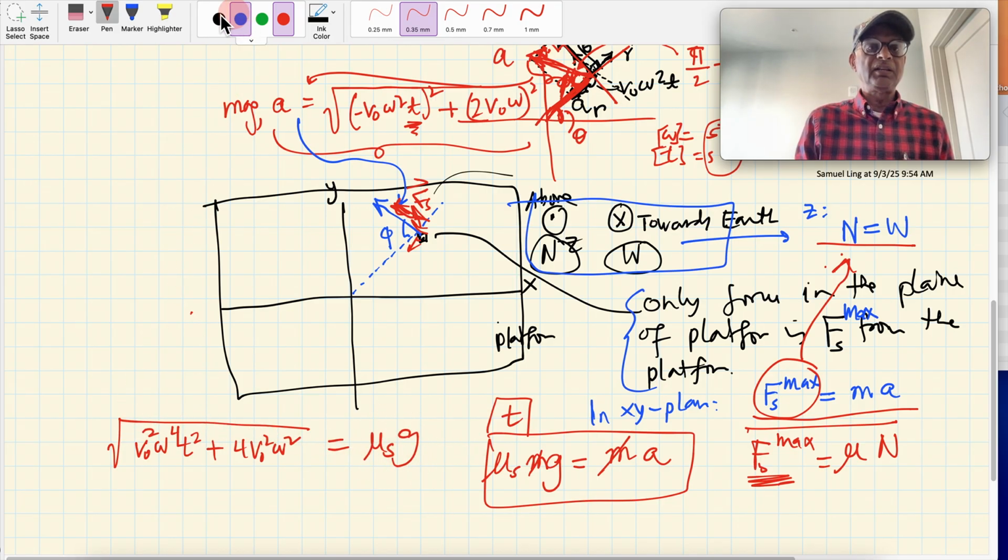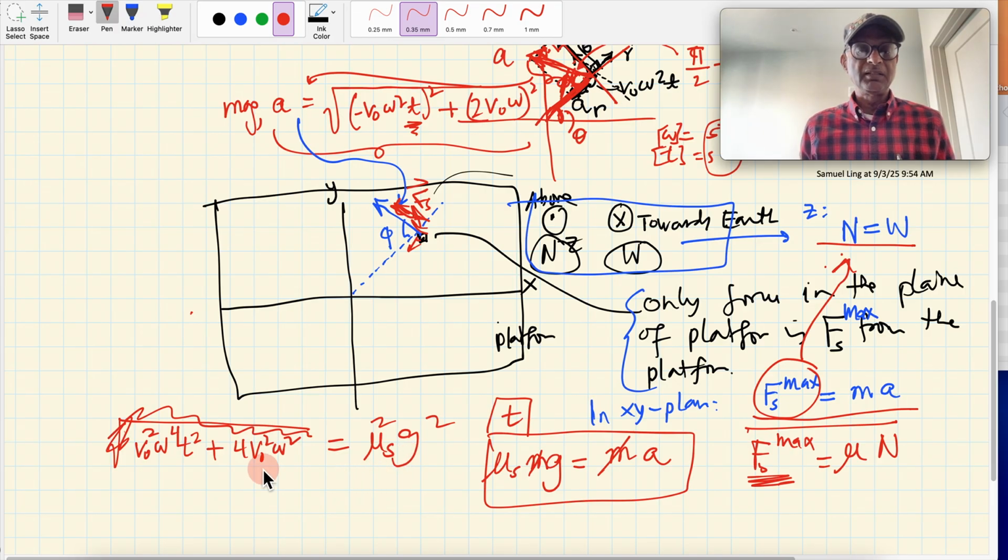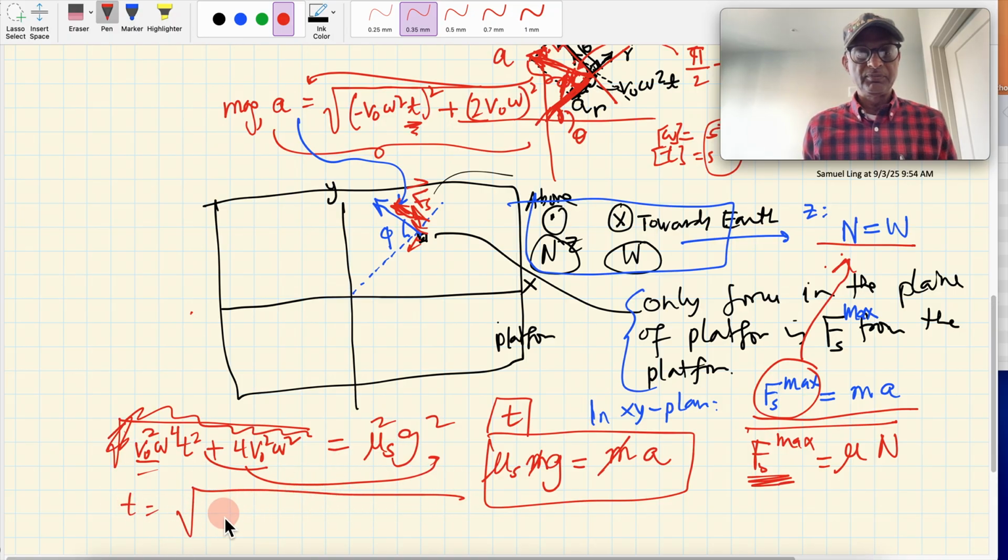Of course, you can remove this and square this side, bring this guy to the other side, divide by this, and take a square root. So t will be the square root of mu square g square minus 4 v naught square omega square, this whole thing divided by v naught square omega to the power 4.